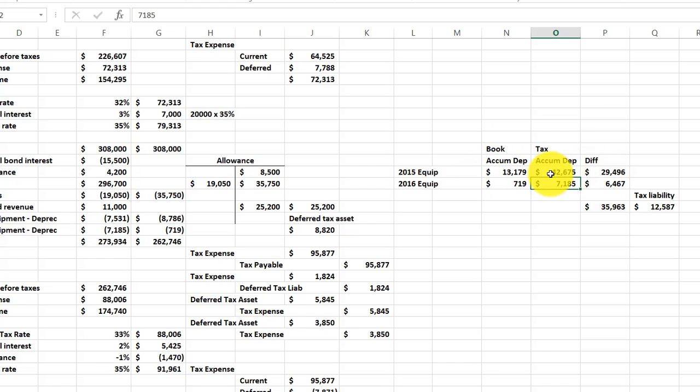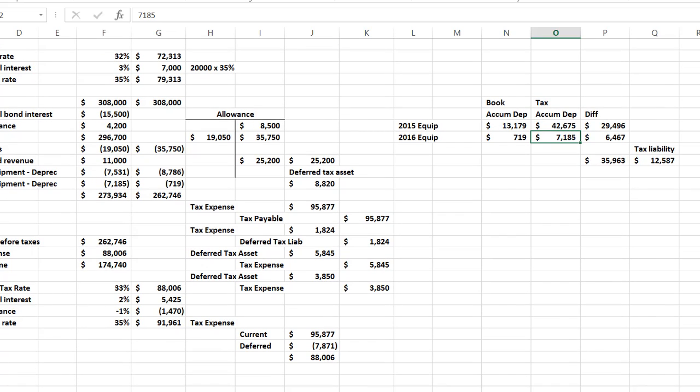So we look at the cumulative difference between the two, 29 for the 2015 equipment and the 2016 equipment is 64, 67. Add those together, and that's your total accumulated depreciation difference to date. Remember that accumulates from one year to the next.